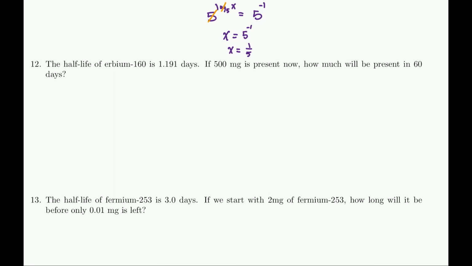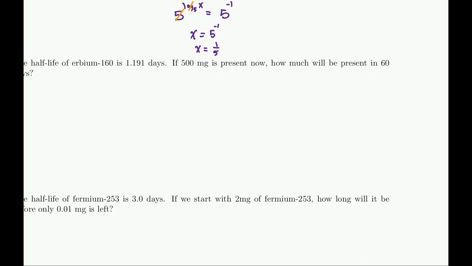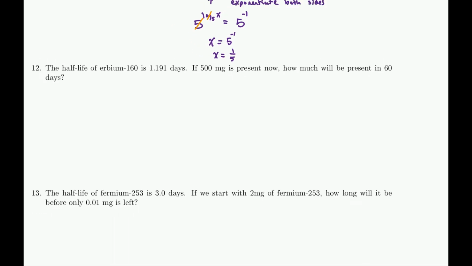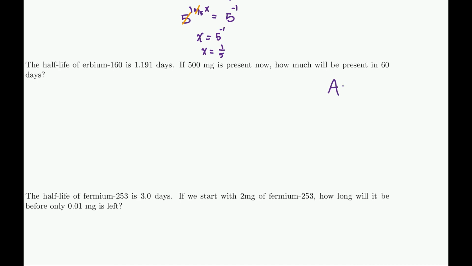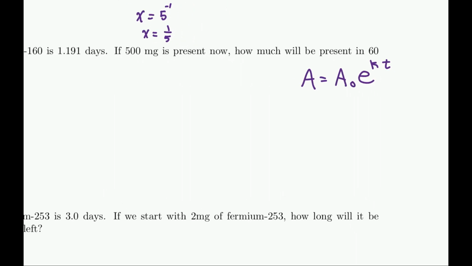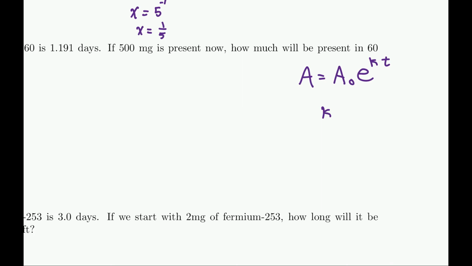The key for these half-life problems is understanding that all of them have A equals A0 e to the kt as the basic equation that governs them. And k is negative ln 2 over the half-life, as we learned in class.